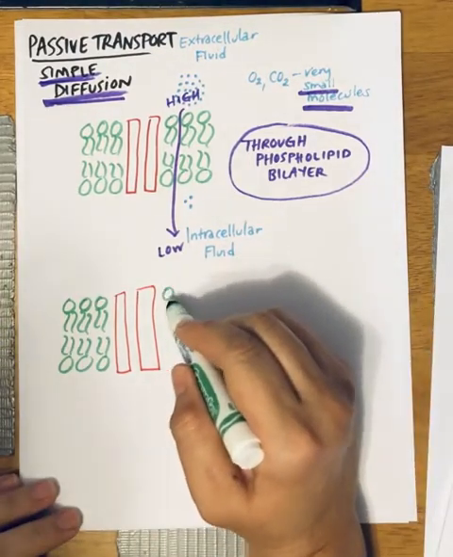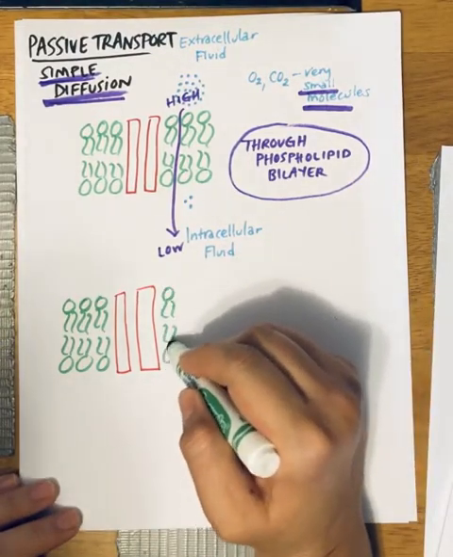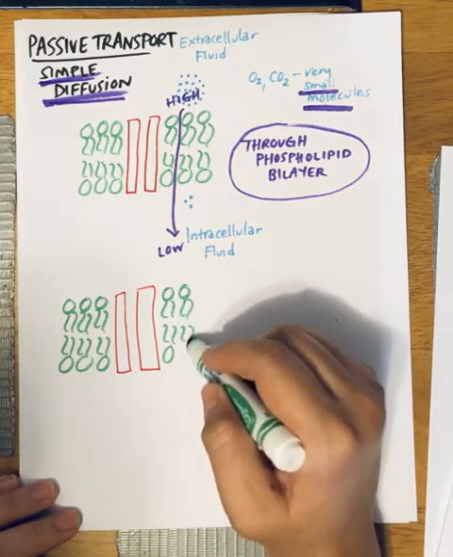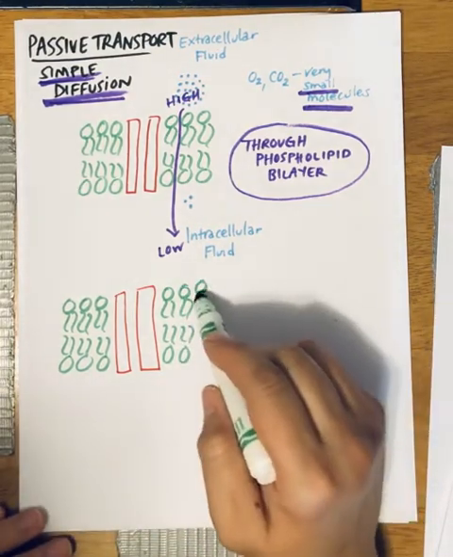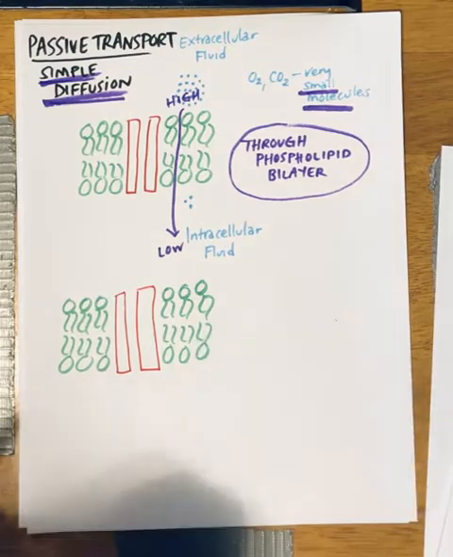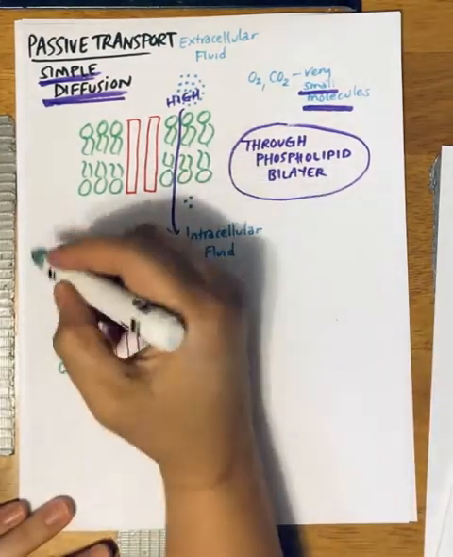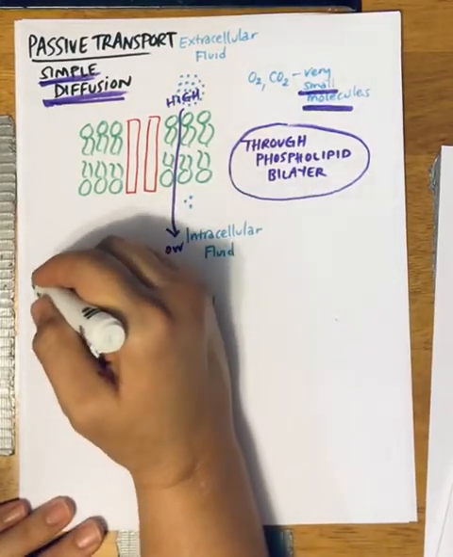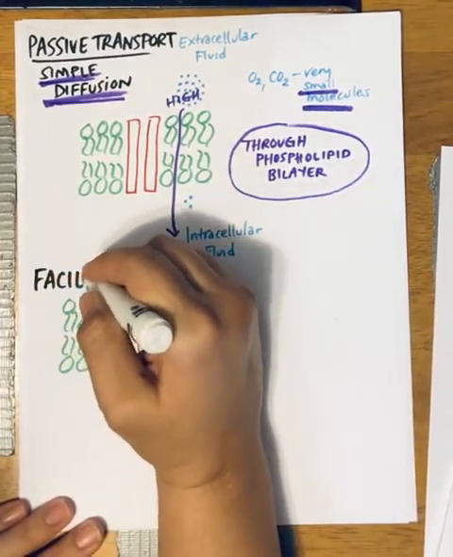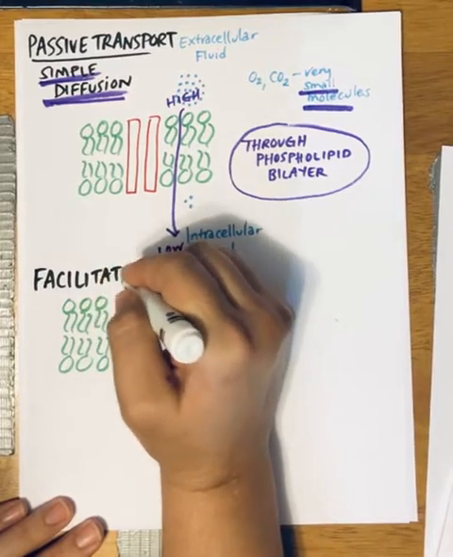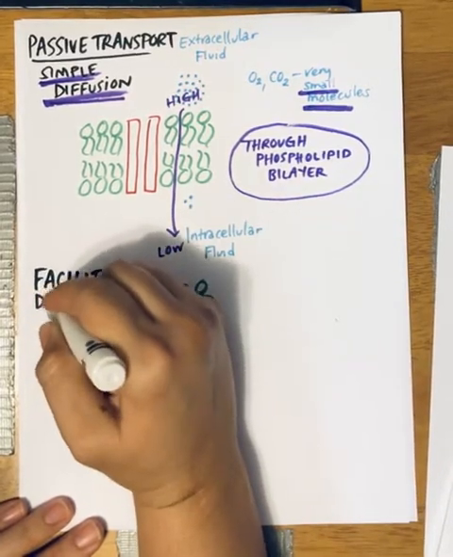We call them transport channels. Now, the difference between simple diffusion and the next one is called facilitated diffusion.